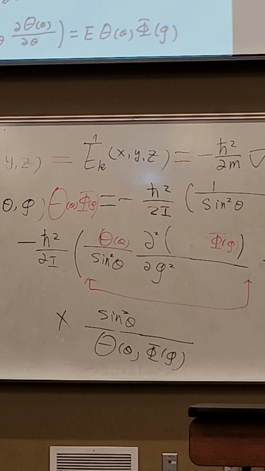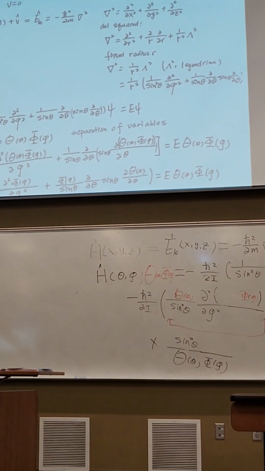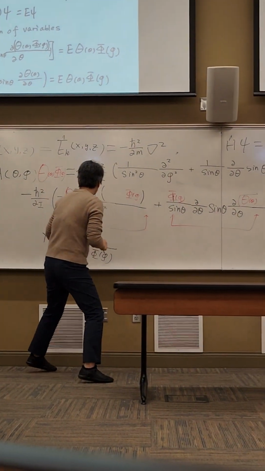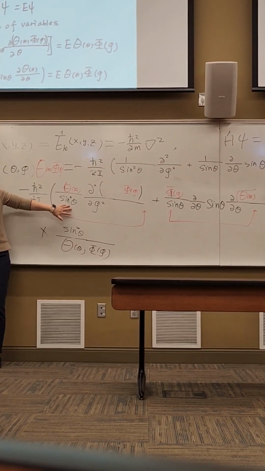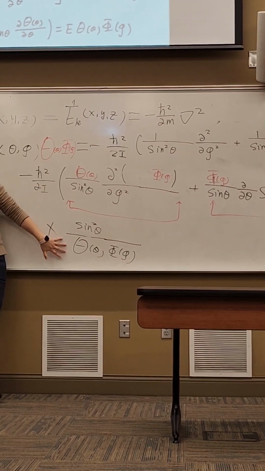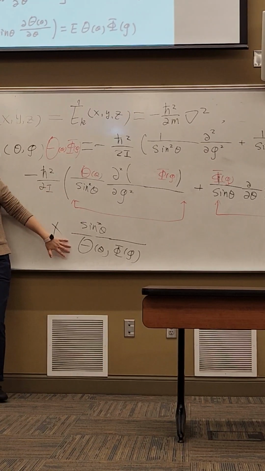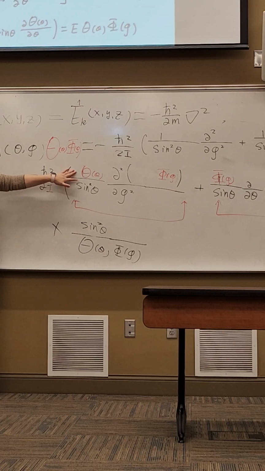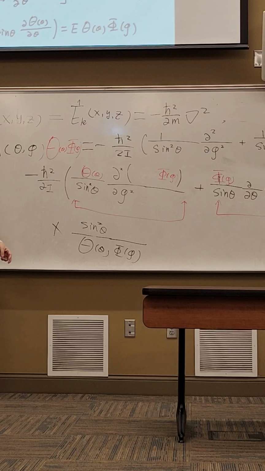Do you guys agree with that one? Okay, now let's give it a shot. What would remain? If I multiply the first part with this term right here, what do I have? So I will banish the theta, banish the sine theta squared. What do I have?